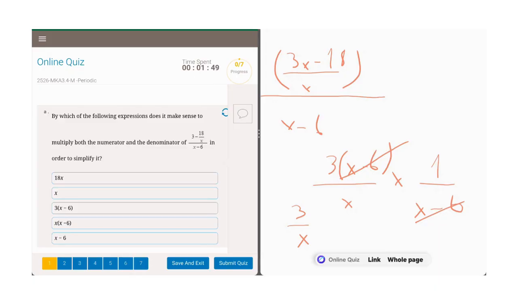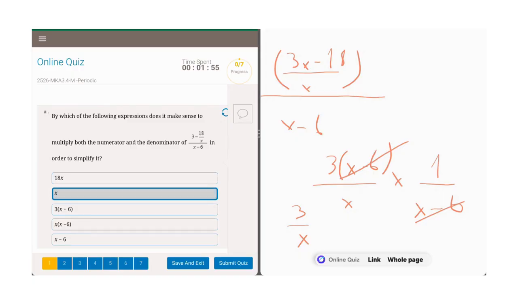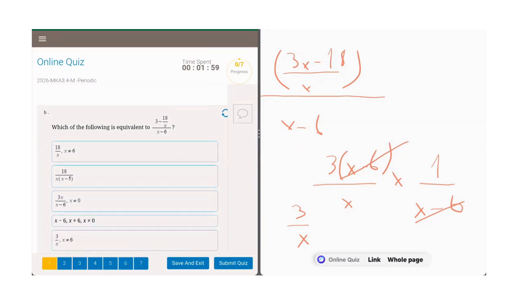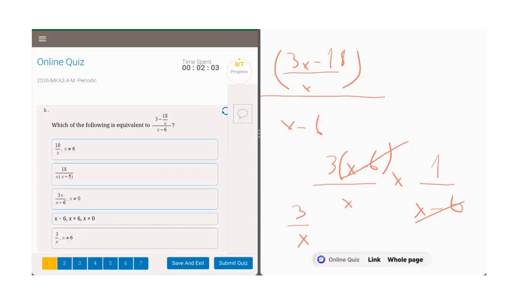So what we multiplied 3 by to get 3x minus 18 over x is by x. Next, we have what is the equivalent to this. So technically what they're asking for is the simplest form. This is the simplest form, and x would not be equal to 6 because we cancelled by x minus 6.